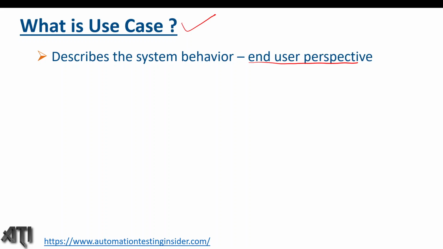Now the question arises: why do we need use cases, right? Whenever we get a project, what is the first criterion? The first thing is to get the requirements from the client.